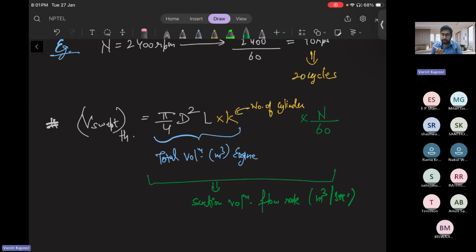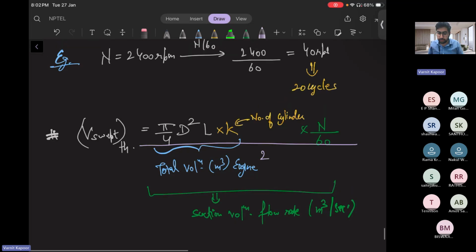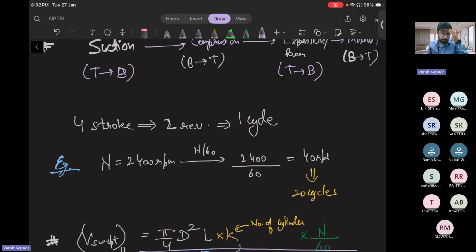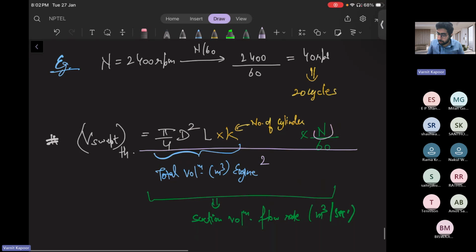In general context, if it is written like this, it will be whole divided by 2 for a 4-stroke engine, depending on the number of revolutions. If one engine is a 4-stroke engine, that means 2 revolutions are happening per cycle, because we are multiplying with the number of revolutions, so we divide by 2.